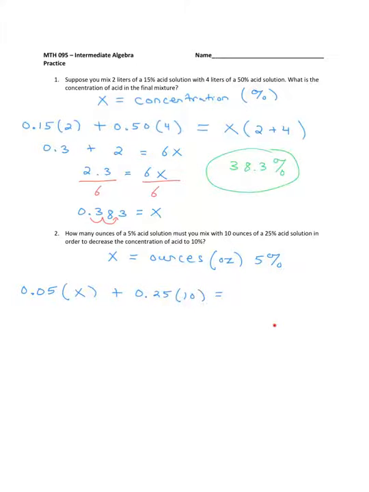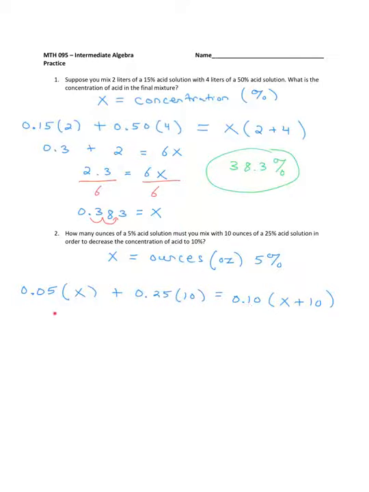On the other side of my equation, I'm just going to have one term, a percent times an amount. Well, I know I want it to be 10%, so I'm going to put in 0.10. And the amount of liquid that we have, well, in the previous question, we just added the two together and got 6. Here, when you add x and 10, you can't take it any further than calling it x plus 10. So it's that amount, whatever it is, times 10%.